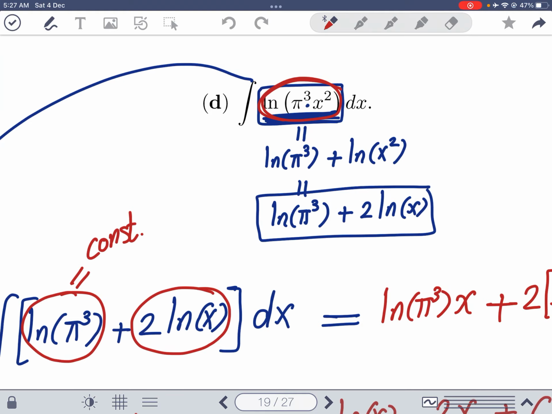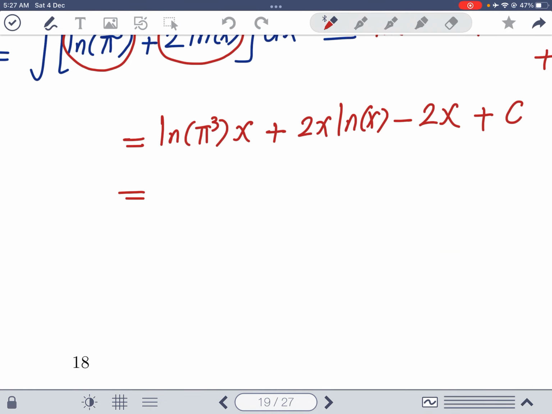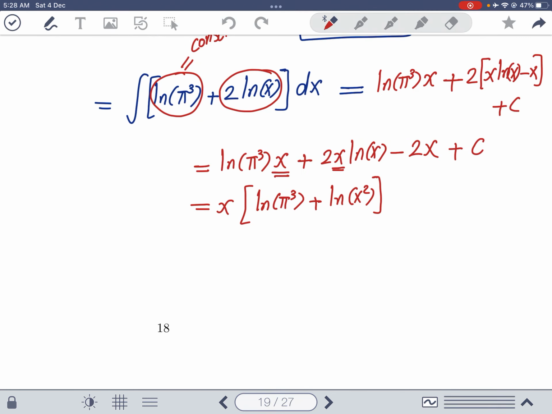You'll appreciate it more when you group your final answer again to write it the same way it was given. So notice here, x appears here and here. I take it as a common factor. Inside I will have ln pi cube plus 2 ln x, that is ln of x squared, and then minus 2x plus c.